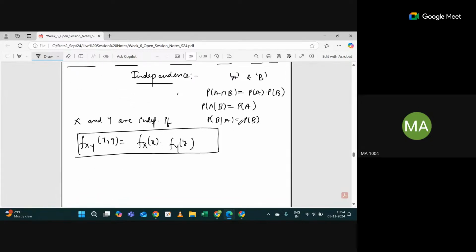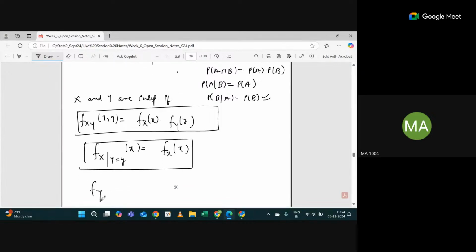Or by using this concept, you can say the conditional density f of X given Y equal to a particular y is the same as f_X of x, or f of Y given X equal to x is f_Y of y. Is this clear? Are you able to relate? Now you know how to find the marginal density of X and the marginal density of Y. You can find them and then proceed with the calculation. Is this clear?